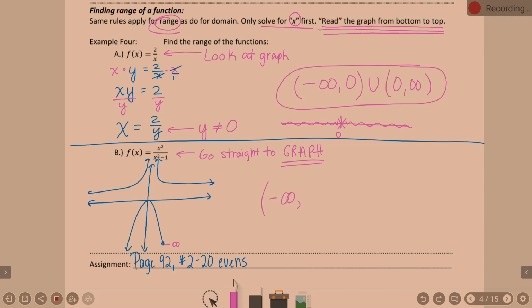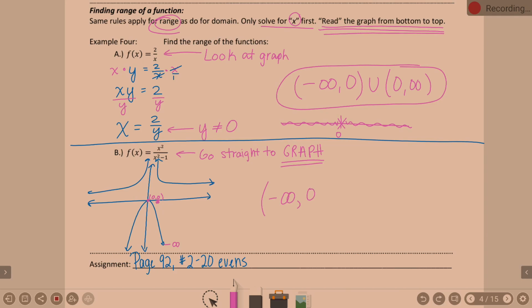If you hit trace, I get 0, 0. It's going to pop you on the y-axis, and the important value there is the y value of 0.